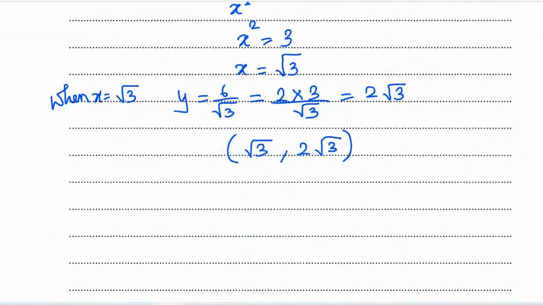So y is equal to 2x. 2x is nothing but 2 multiplied by square root of 3, which is equal to 2 square root of 3, and which is nothing but the value y.